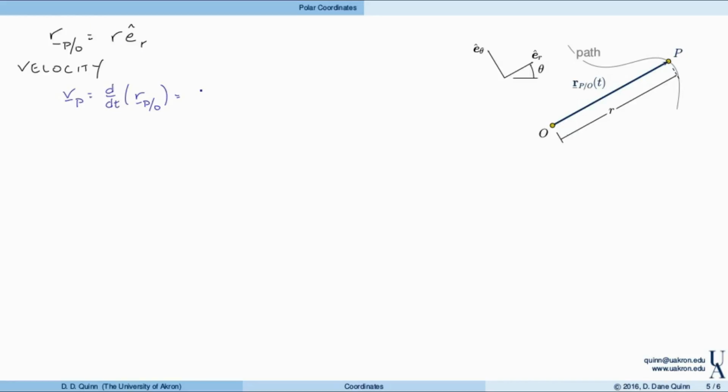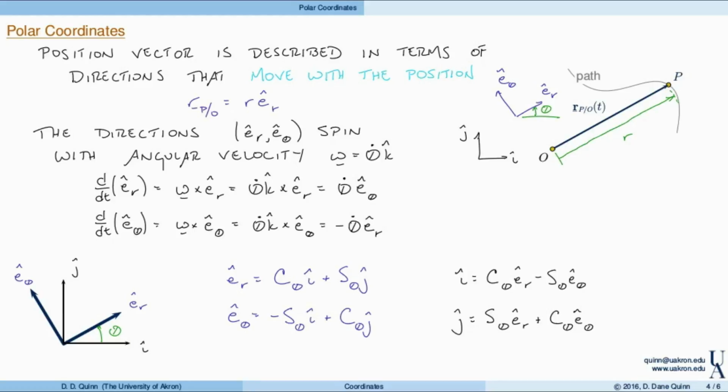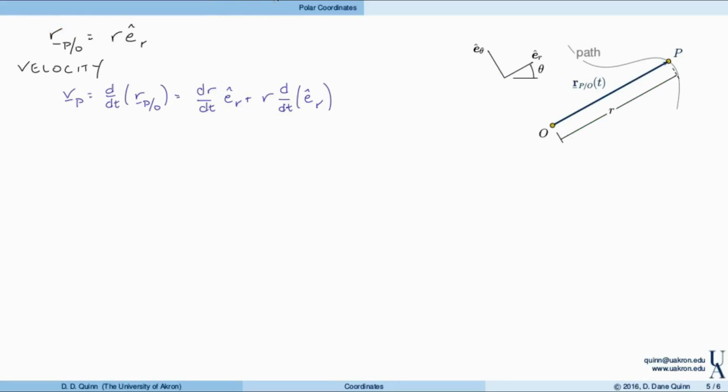So when I take the derivative here, I get dr dt in the ER direction plus r times the derivative of ER. Well, the derivative of ER from the previous slide was simply theta dot e theta. So this becomes r dot in the ER direction plus r theta dot in the e theta direction.